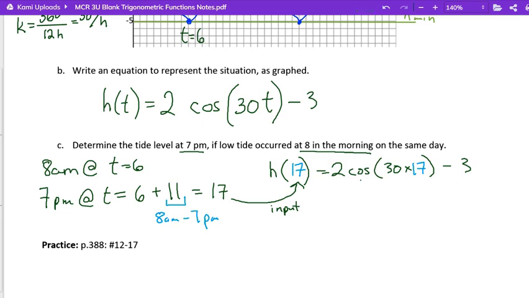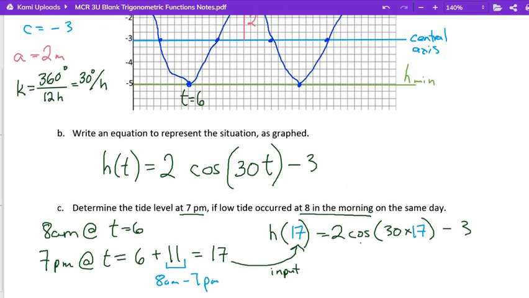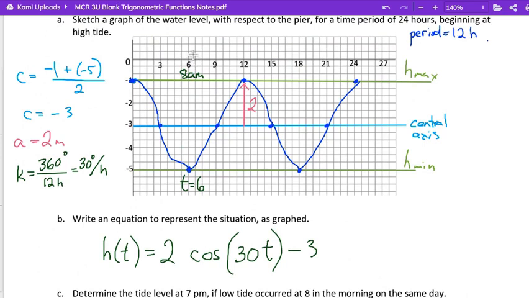Why did you add 6 and 11? Okay. At time equals 6, I have 8 a.m. 11 hours later, I get 7 p.m. Now, the x-axis is not the clock, it's the measurement of time.